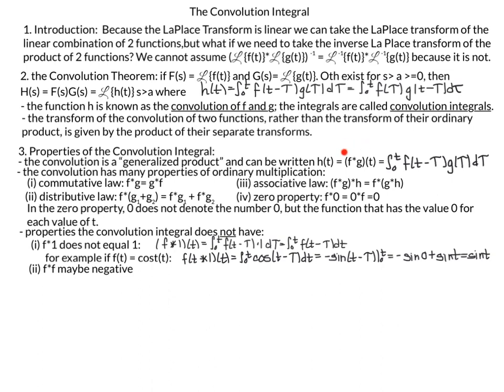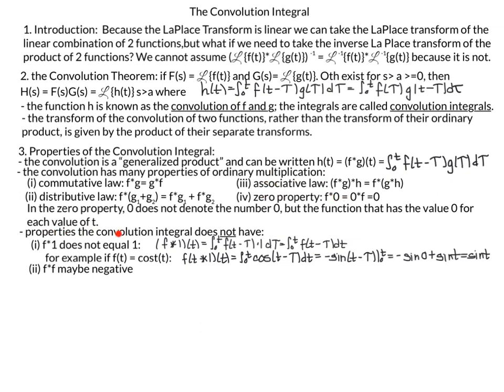So in this way, you have the multiplication of two functions, but it's not your normal product. It is the convolution integral. But we call it a product because it has many properties that we associate with multiplication. That is the commutative law, the distributive law, the associative law, and the zero property.